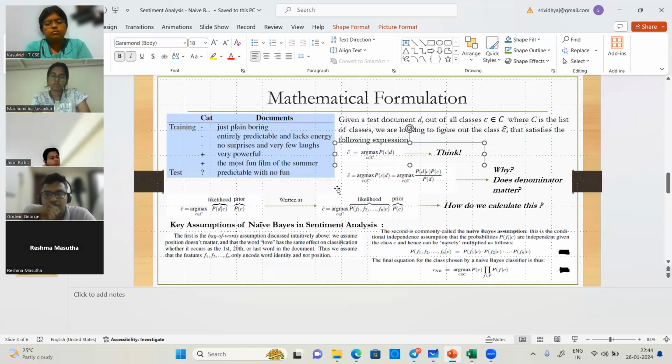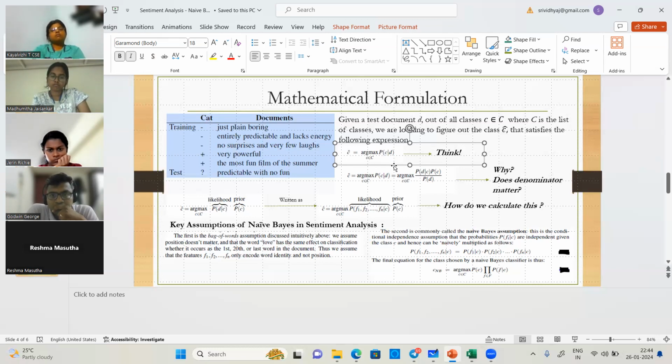So this whole expression, argmax, basically means that it maximizes this P of C given D. It figures out the case where it's maximum, and whatever is the argument here is basically the class. So don't worry too much about what exactly this means.